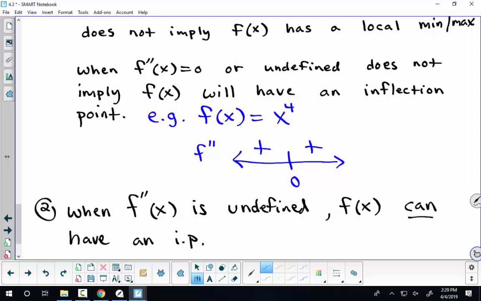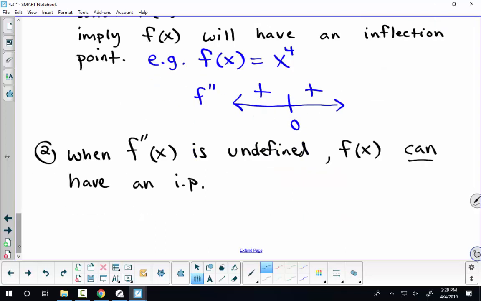I'm just going to abbreviate that, IP, inflection point. An example of that would be when f of x is x to the 1/3, or the cube root of x.